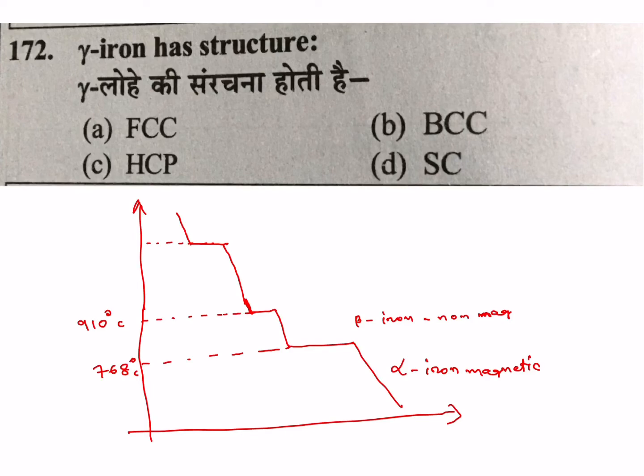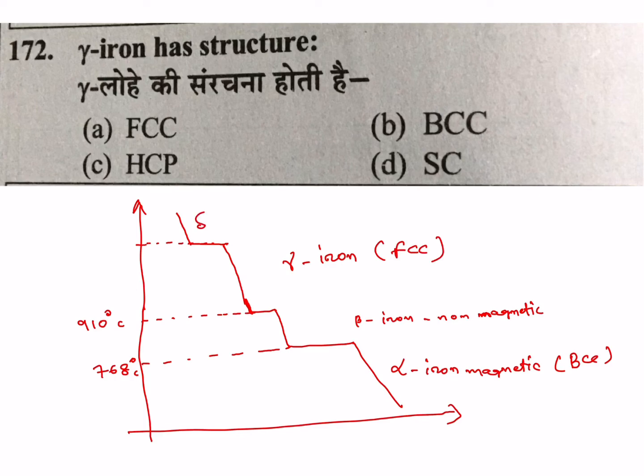It means if you heat it, it will become non-magnetic, and if you cool below the Curie point, it will become magnetic. This one is BCC structure. Then beyond 910 degrees Celsius, you will get gamma iron, FCC structure.